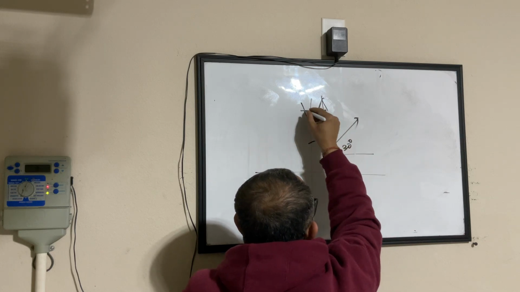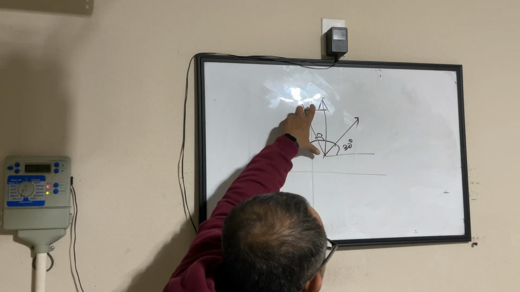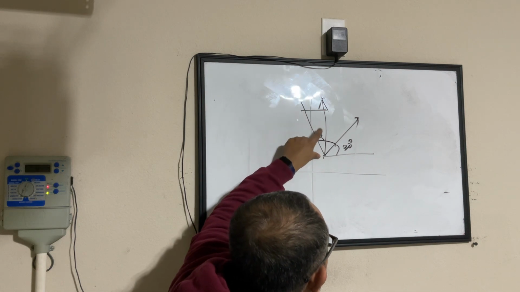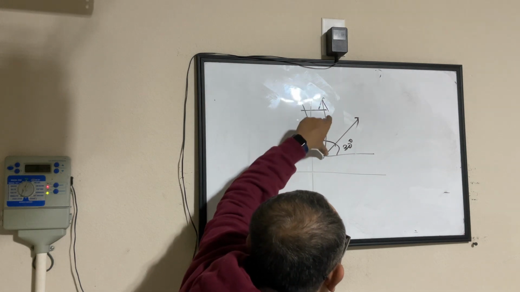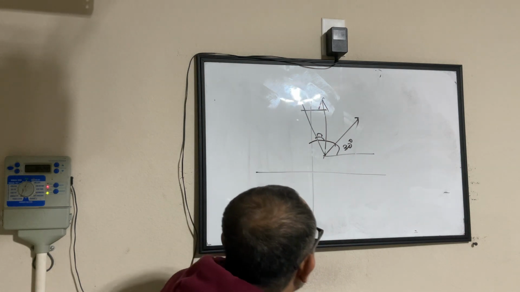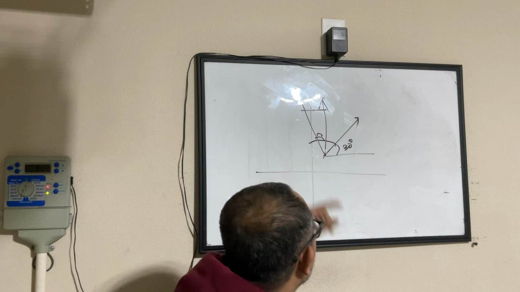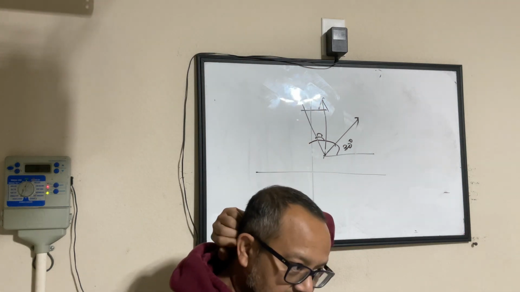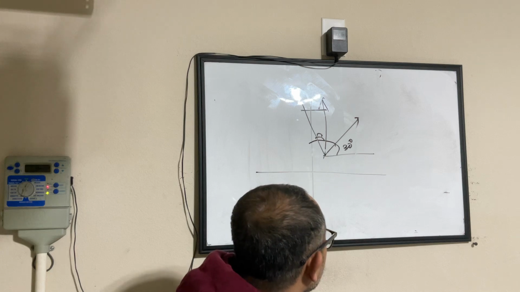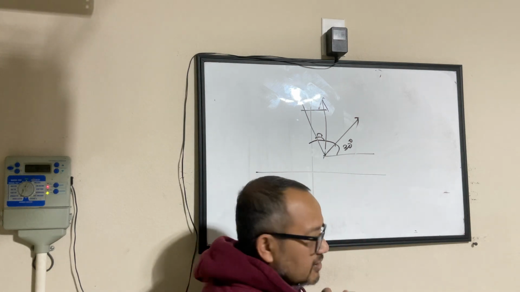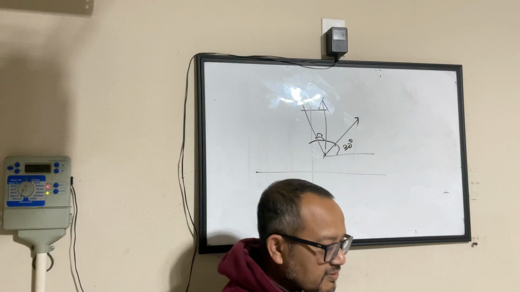And then you have to apply the understanding of trigonometry. This magnitude is known, this angle is known, you can find out the absolute value of the x and y component. This is your y component, this is your x component, and then visualize that in the coordinate plane that my x is going to be negative or positive depending on which quadrant I am falling in. And then you substitute that value. So unit circle and trigonometry, these two things if you put together, you'll be able to find out the x and y component.